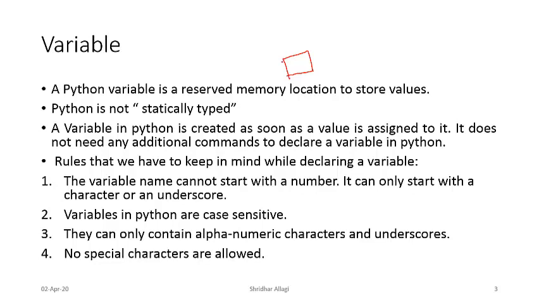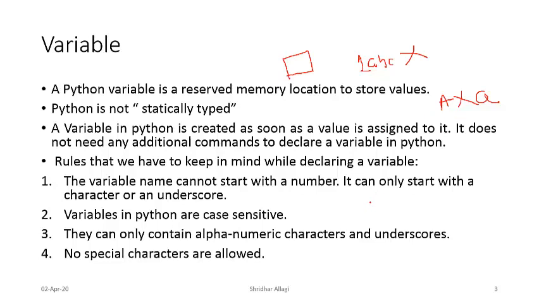Some of the rules that we have to keep in mind while declaring variables are: first thing is, a variable name cannot start with a number or a digit. It can only start with a character or an underscore. So any variable starting like this, say 1abc, is not a valid variable. Variables in Python are case sensitive, that is capital A is not equal to small a, and they can contain only alphanumeric characters and underscore.